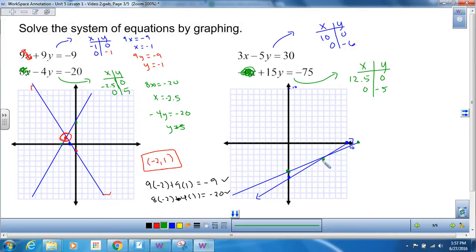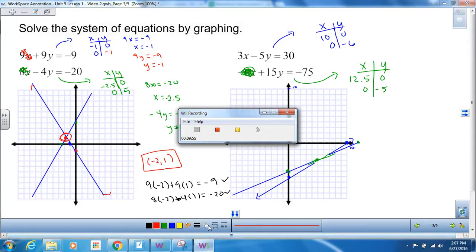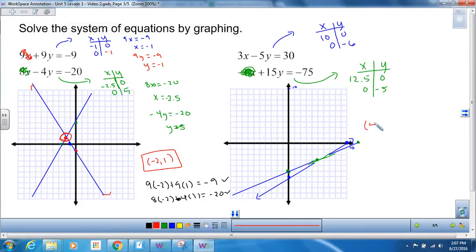And it actually should be right here. Oh, wait, I think it's actually going to be here. It'll be a little bit easier to tell on the ones on your homework and test. The answer is 5, -3.